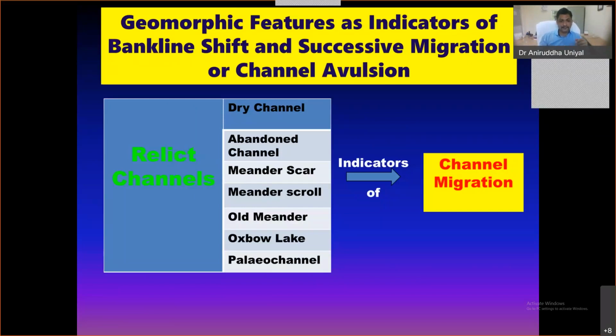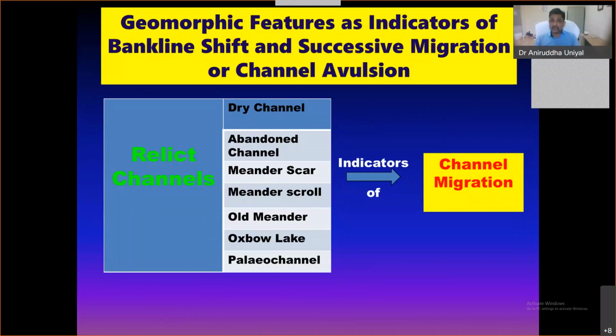sites. So relic channel is a general terminology which is generally used by civil engineers, but geologists or geographers use terms like dry channels, abandoned channels, meaning where the river was flowing some 10 or 20 years back. Then meander scars are semicircular, concentric in shape.